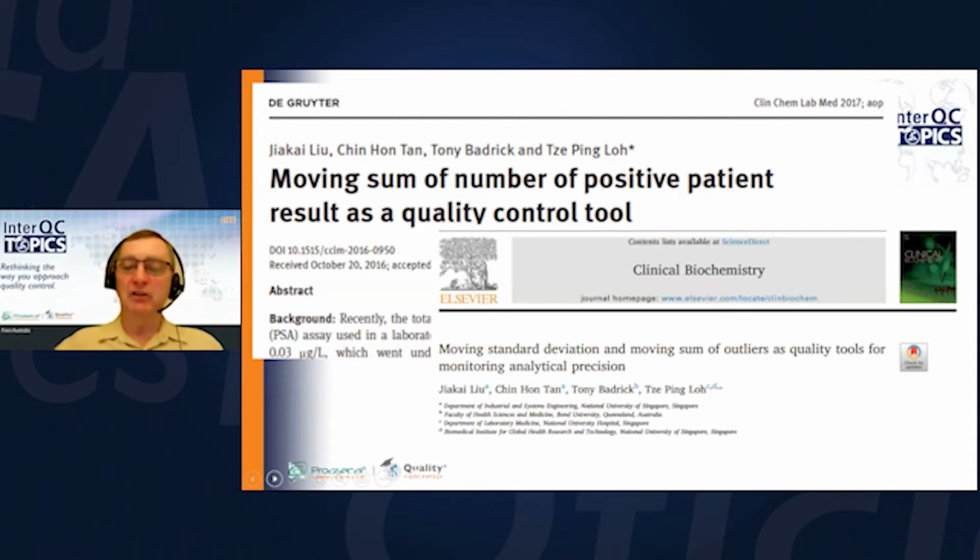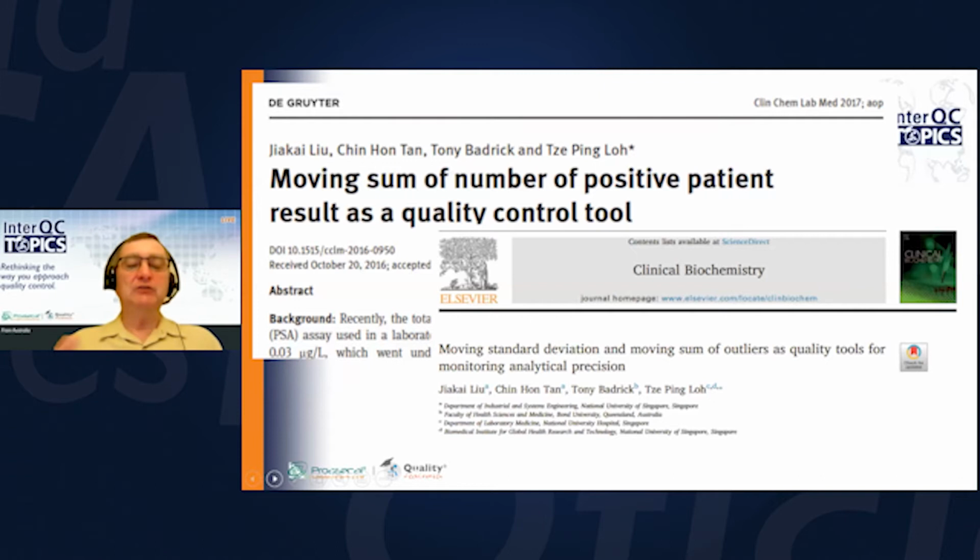So the laboratory's QC could not detect that there was a problem with their assay at the low end, at the limit of detection. And yet the surgeon knew that there was a problem because he never saw these positives before. So you can use that same concept to detect a problem with your assay.